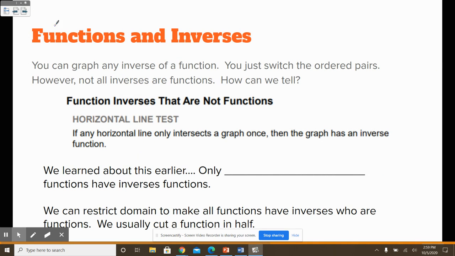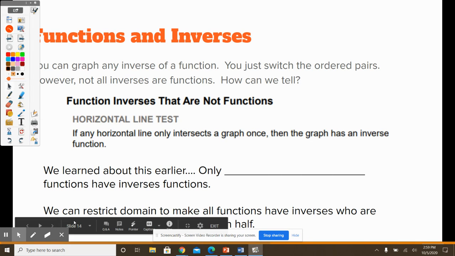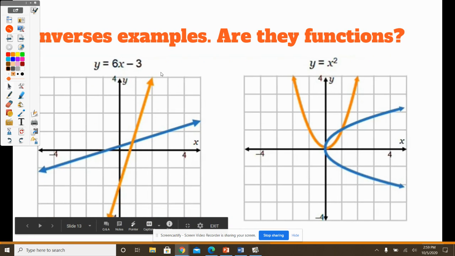So here's what you need to know. You can graph any inverse of a function. You just have to switch the ordered pairs like we did. But sometimes the inverses are not functions like that one. And there is a way you could tell if we go back. If a function's inverse is a function, it would have had to have been 1 to 1. And we talked about that on our last test.